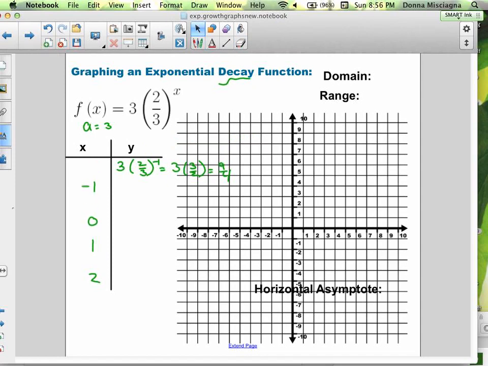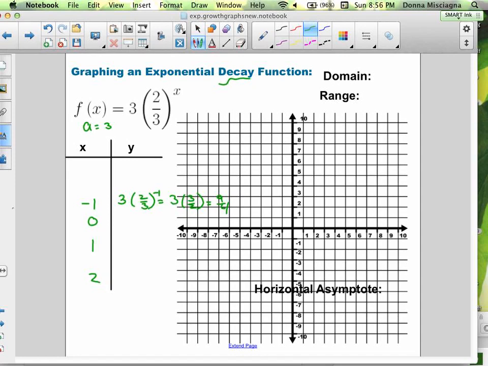9/4, that's not very big. That's 2 1/4. I kind of wasn't thinking there. If my base is larger than 1/3, it's going to decay, but the decay won't be as rapid. And so we can get the -2 in there. 3 times 2/3 to the -2.